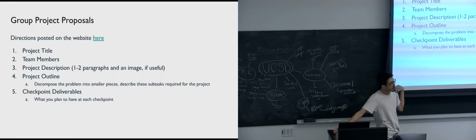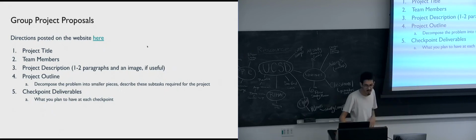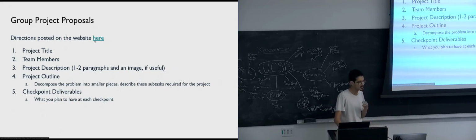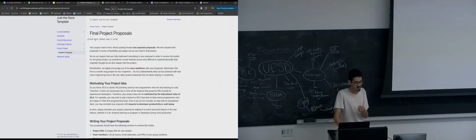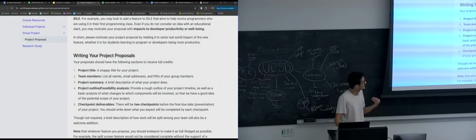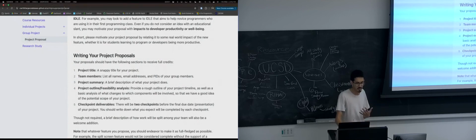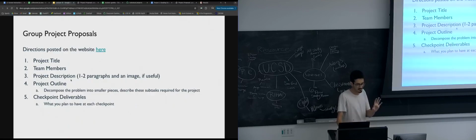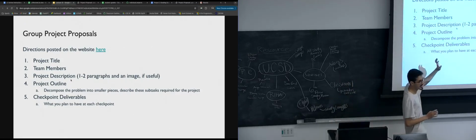Okay, the group project proposals are due tomorrow. I just want to clear up if there are any questions about what to include in them. Remember, we do have the directions posted on the website here. This is a bit open-ended because we don't know what ideas y'all will come up with, but I've clarified a bit more here what to actually include.